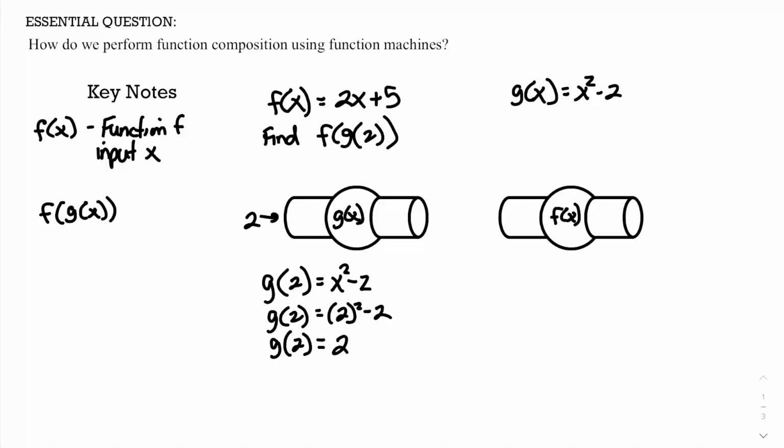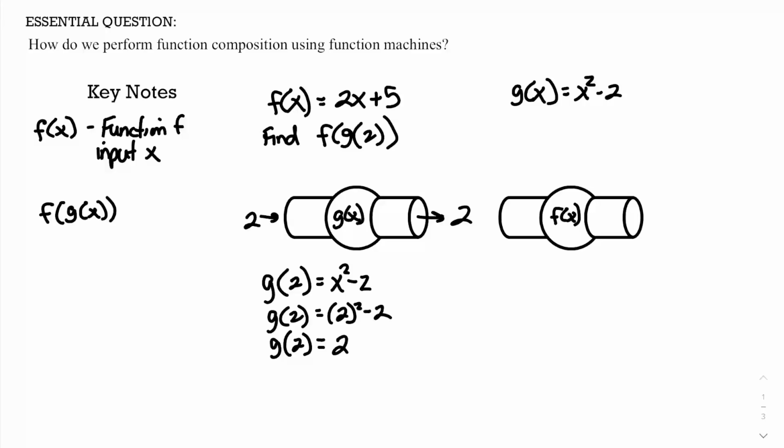So when we plug 2 into g of x, it goes through our function machine, and it spits out 2. So g of 2 is 2.